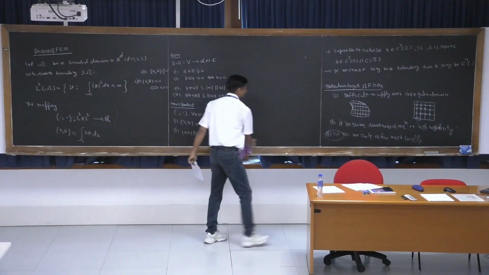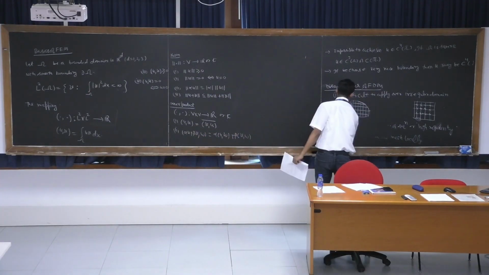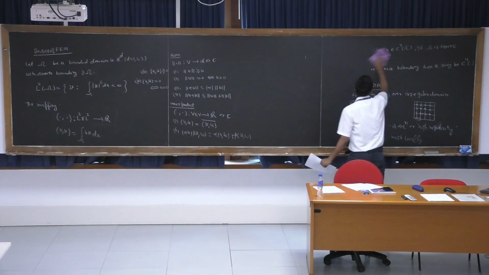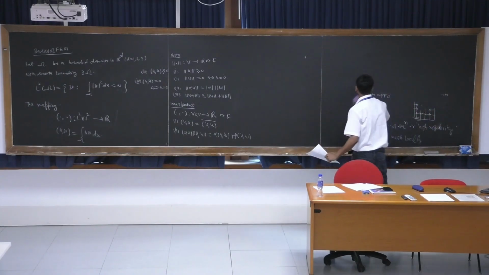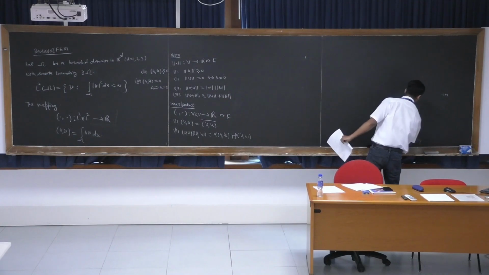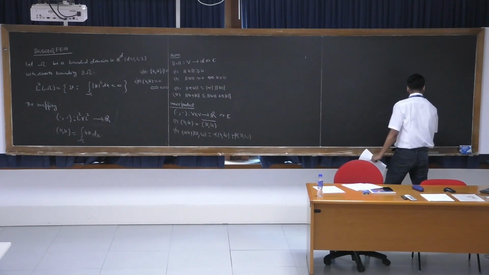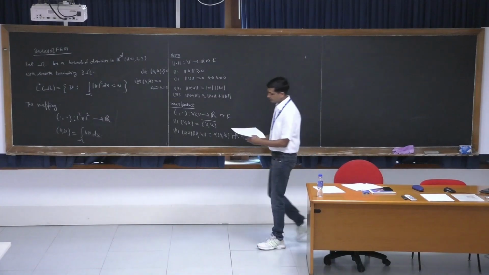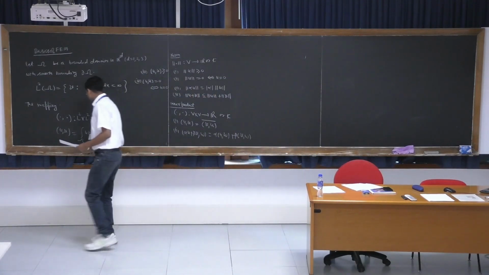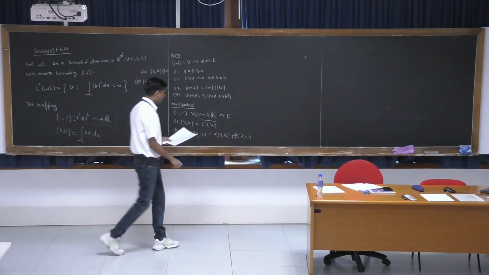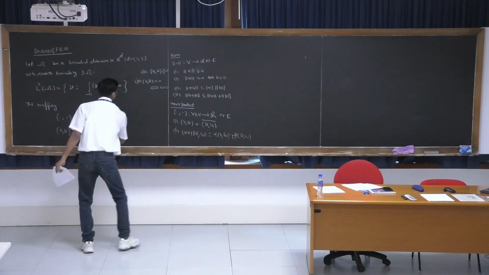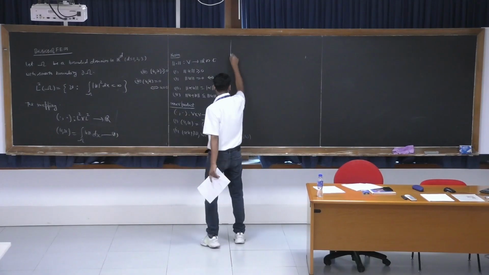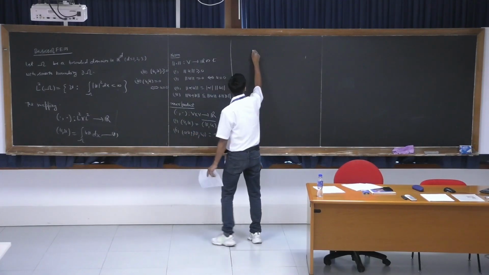So we can say in L2 space, the fourth property of the inner product is not necessarily satisfied. Okay, so this concept we are leaving here. So I can say this is star here.